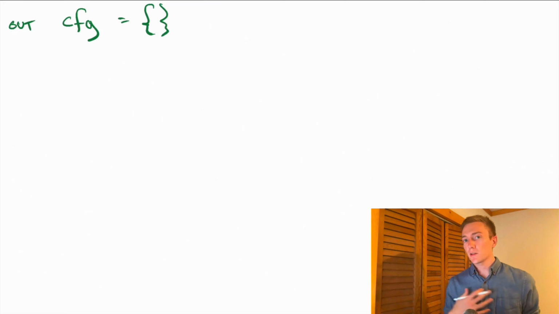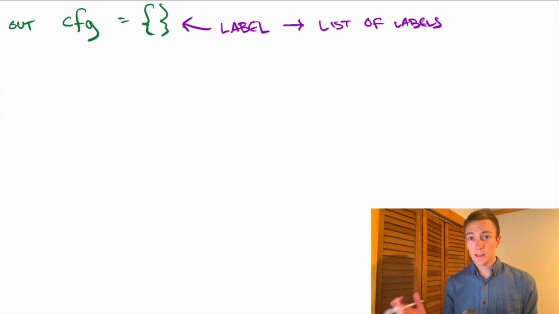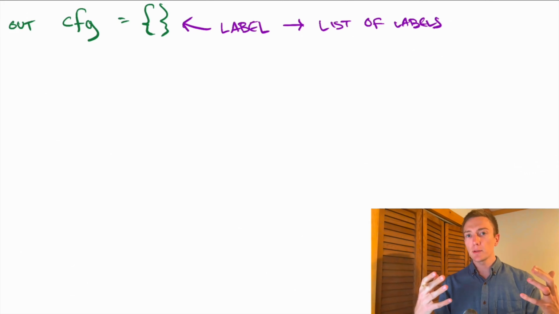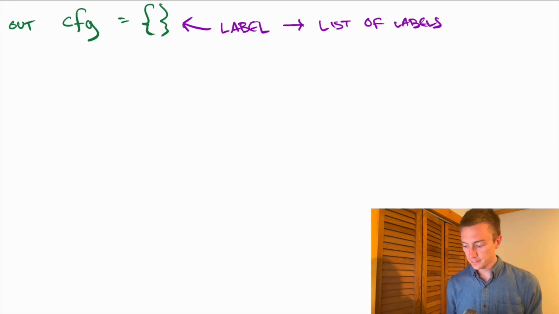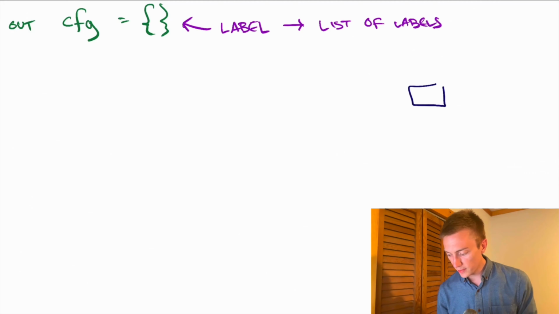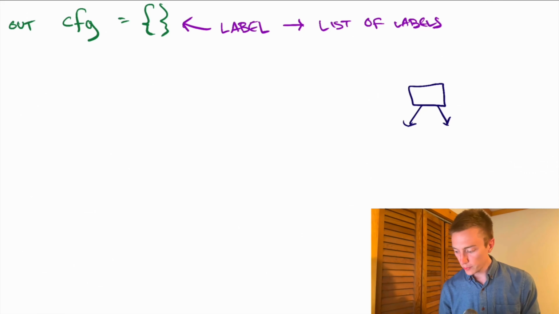And this is going to be a representation of the graph, just using an edge list format. So this CFG dictionary is going to map labels, which remember are just strings identified as basic blocks, to a list of all the labels of the successor blocks. Successors are CFG terminology for just the nodes on the other end of the out edges from the current block.